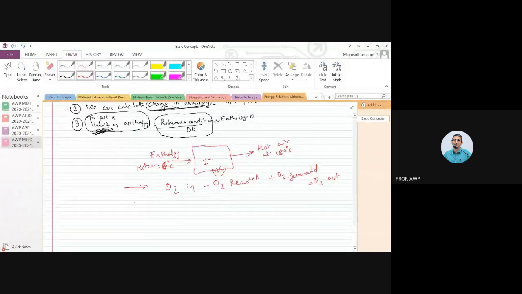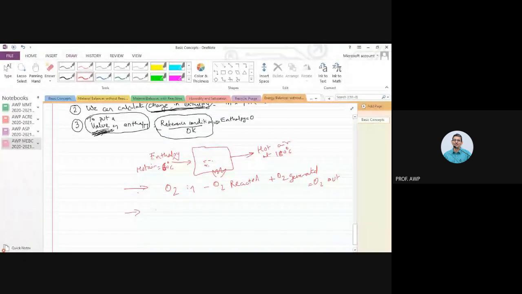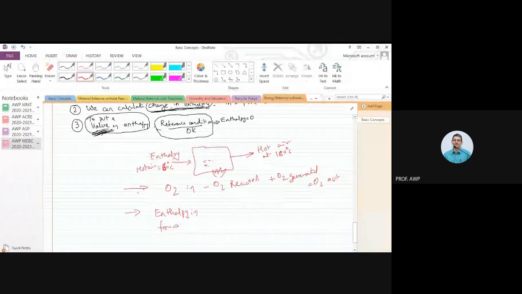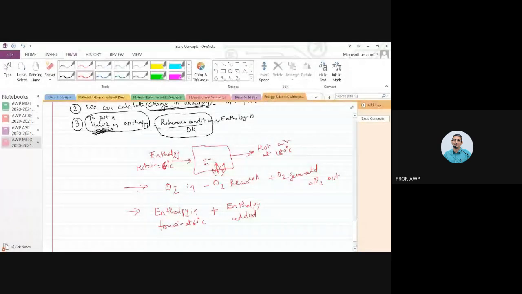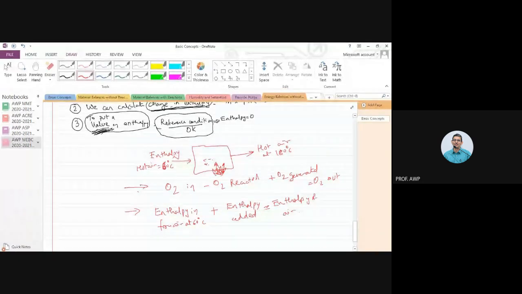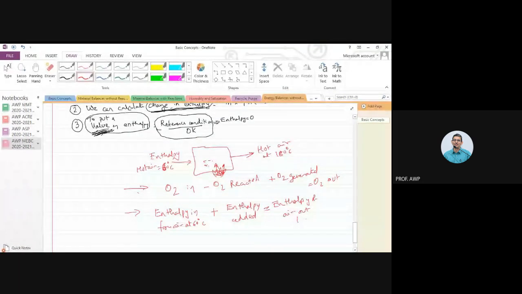So we would like to write, in an analogous manner, enthalpy coming in from air at 60 degrees centigrade plus enthalpy added, because we might be supplying heat from a burner. We supply heat, and it must be equal to enthalpy of air going out at 180 degrees centigrade.